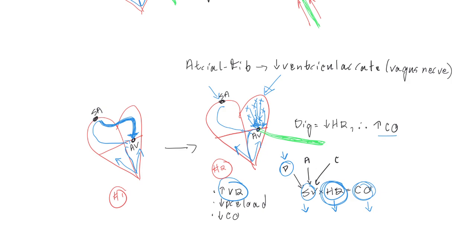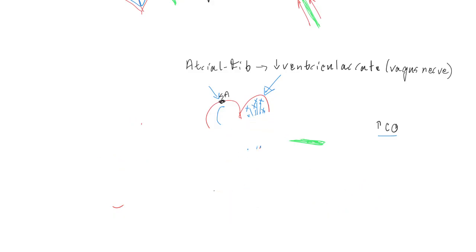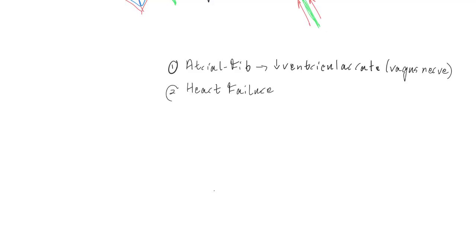Okay, now how about a problem where we might want to use that calcium inside the cell to our benefit? Well, in that case, it's going to be heart failure. So I'll add that to our list, heart failure. We already talked about AFib, and now let's talk about heart failure.